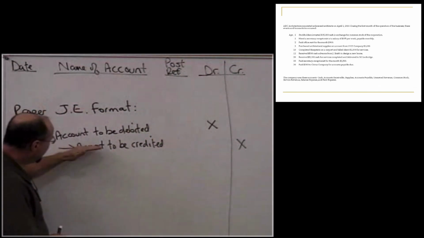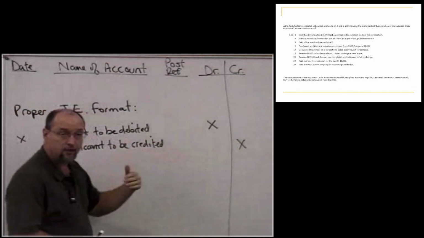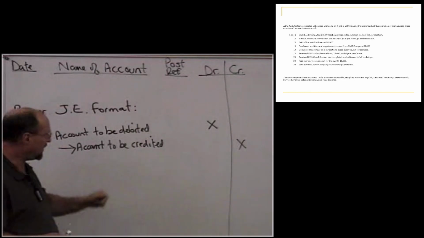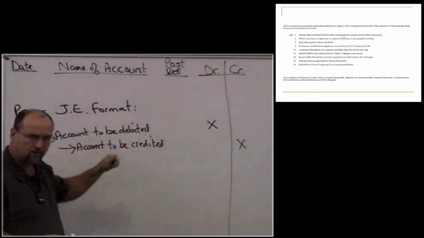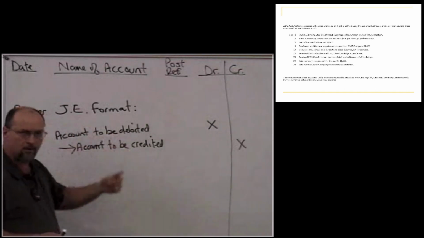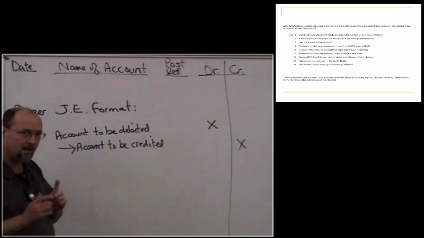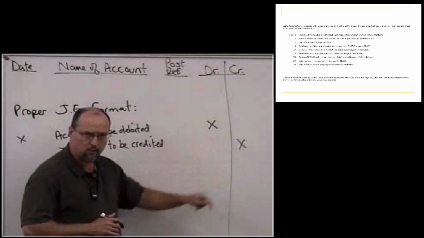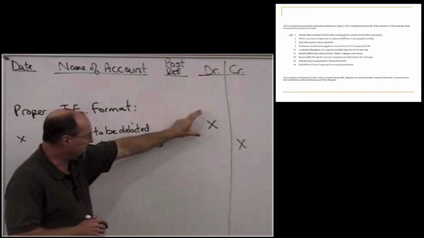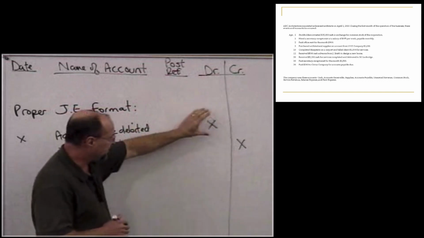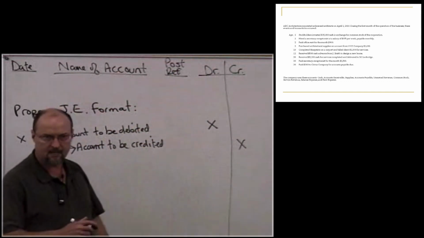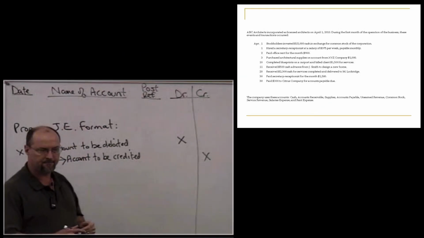Underneath it, any accounts to be credited. A journal entry has to have at least 2 accounts. It can have more than 2 accounts. You can have 2 or 3 debits and 1 credit, or 1 debit and 2 or 3 credits. That's fine, but remember, your debits must equal your credits. So if you got 3 debits and 1 credit, add up the debits, they have to equal whatever the amount credited was. Debits must always equal credits.